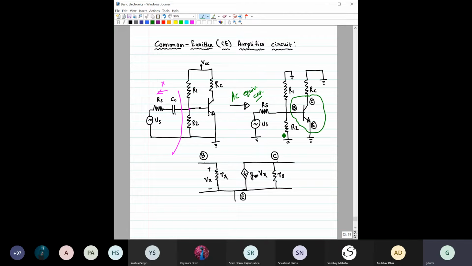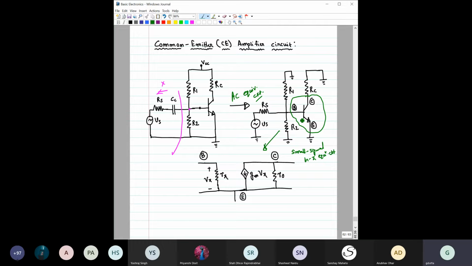Now, to calculate what is the small signal gain, we have to draw the small signal hybrid pi equivalent circuit, right? So how to do that?